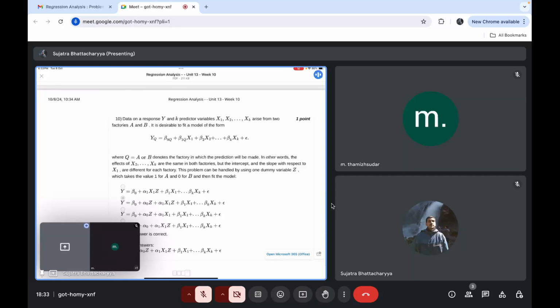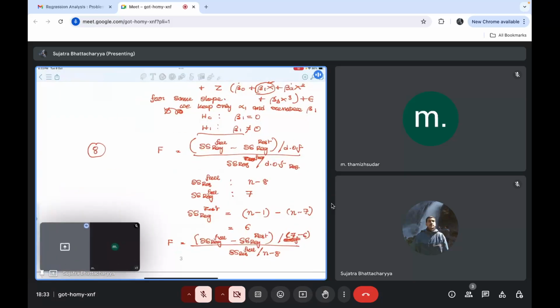This problem can be handled by using one dummy variable because there are two sets A or B. So one Z variable is required, which takes the value either 1 for A and 0 for B. Then fit the model. So it is simple actually. So let us write whatever the question is given, and then we'll easily find out.